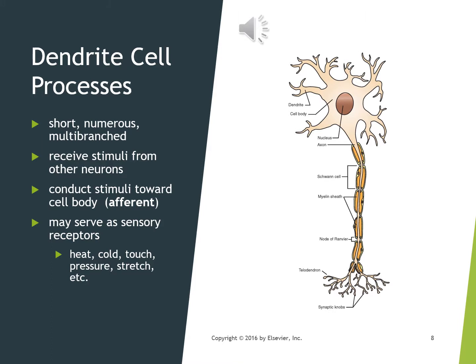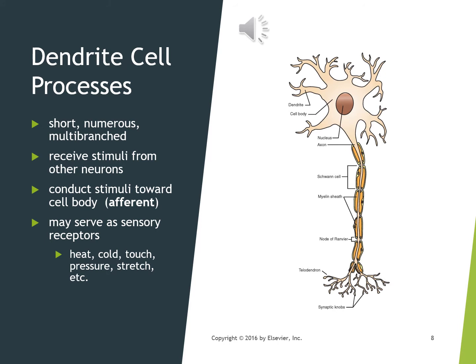Dendrite cell processes. The dendrites are the projections at the end of the cell body, and they are responsible for receiving stimuli from other neurons, and they conduct the stimuli toward the cell body. So afferent, again, it starts with an A, so it's kind of like adding.